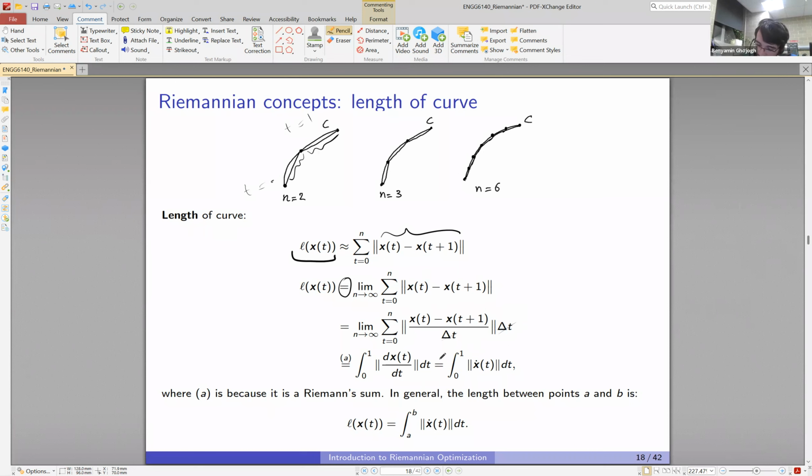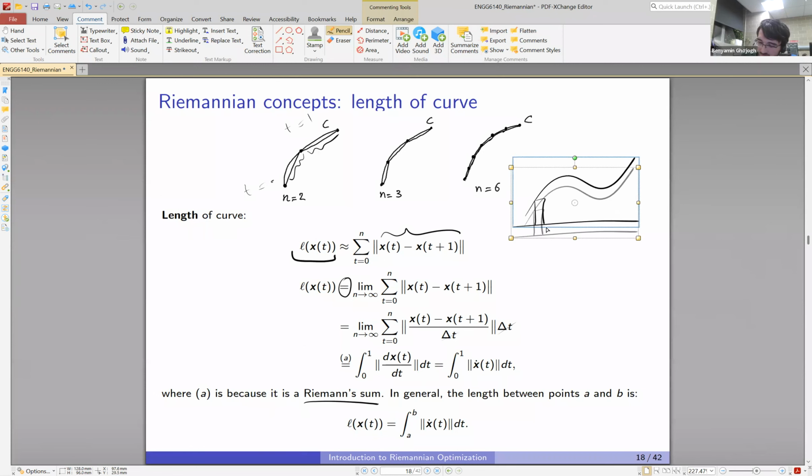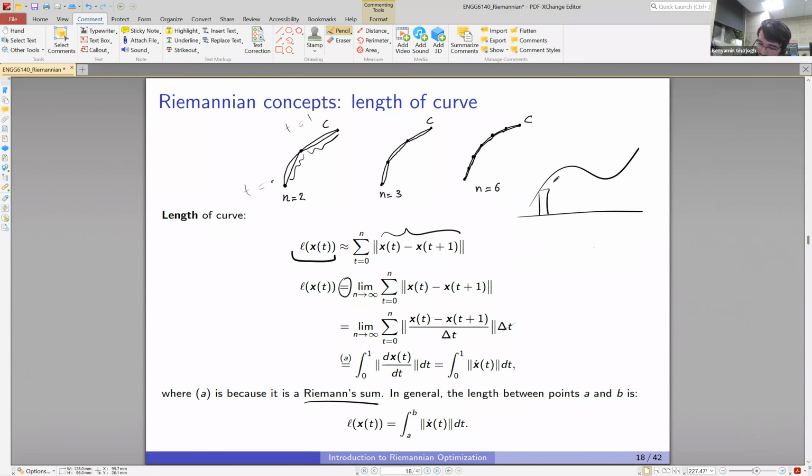It's the same. Then I can use the Riemann sum to convert the limit of the summation to an integral. Do you remember what the Riemann sum was? For example, we want to calculate the integral under this curve. I can have several rectangles under it, and let's decrease the width of these rectangles, in other words, increase the number of rectangles.